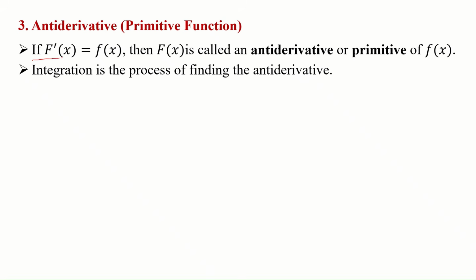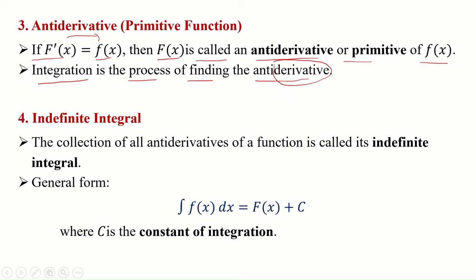If F dash of x is equal to f of x, that is, if you differentiate F of x, you get one more function small f of x, then capital F of x is called the antiderivative or primitive of small f of x. Then integration is the process of finding the antiderivative. Finding the antiderivative from its derivative is called integration.